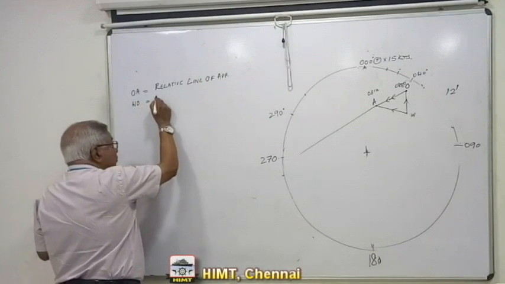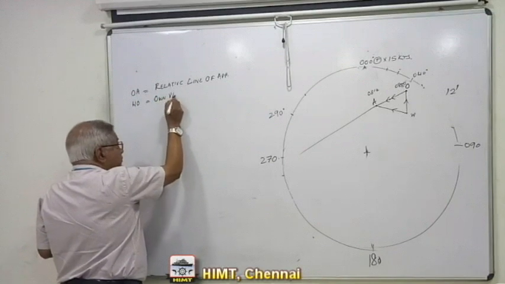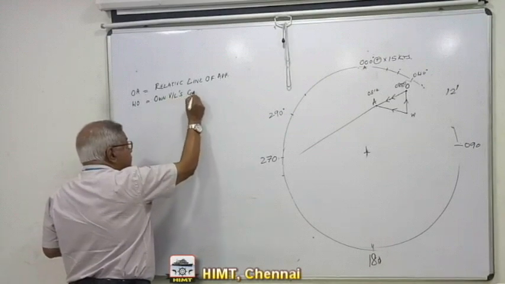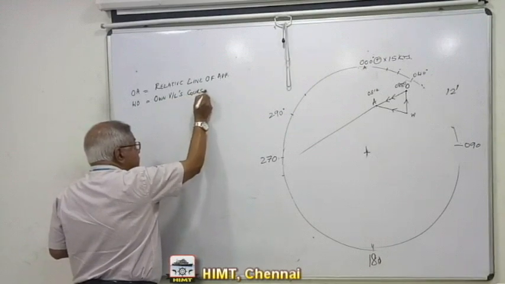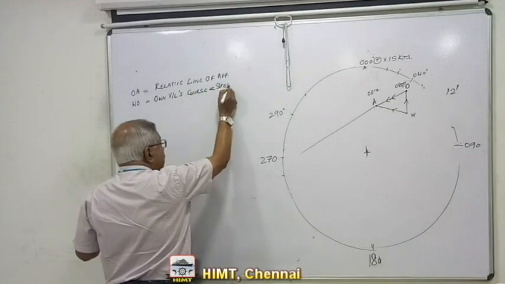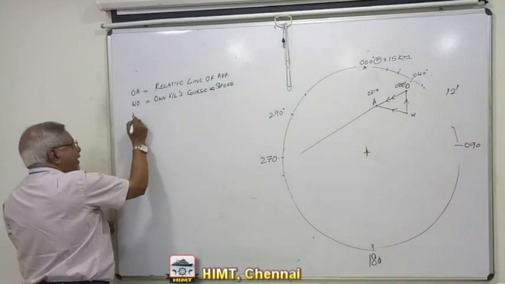WO is what? Own vessel's course and speed. Okay. WA.